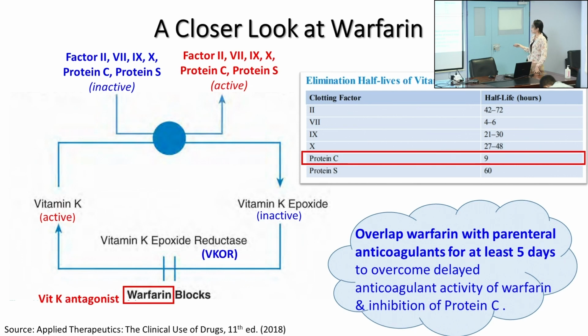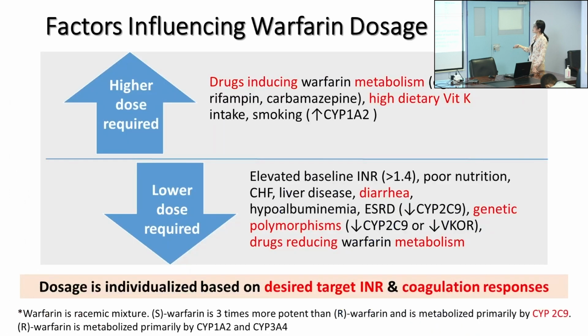Yeah, they are parenteral anticoagulants. At the beginning of giving warfarin, you need to overlap them together so that the patient won't have a coagulation effect at the beginning of the therapy. So this is important.